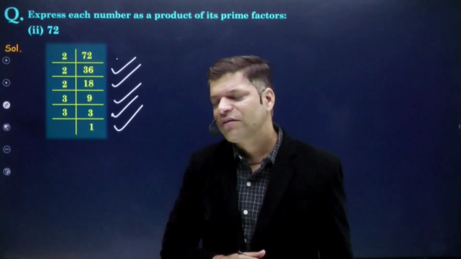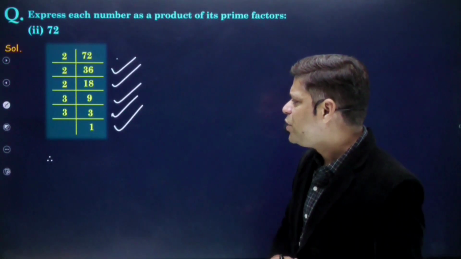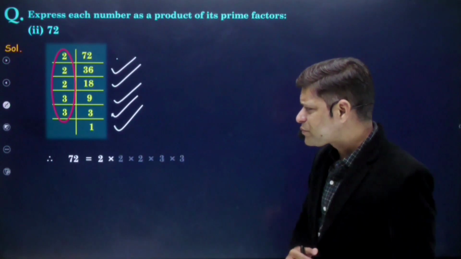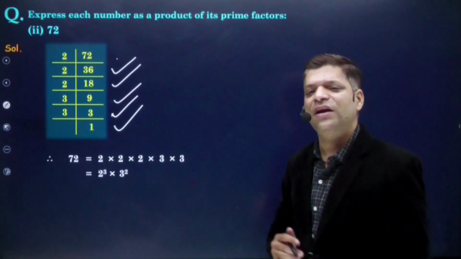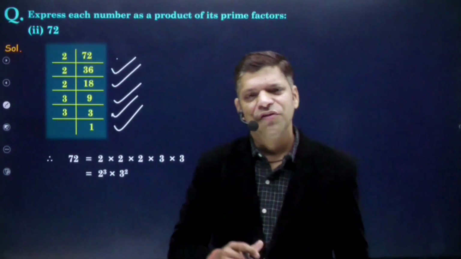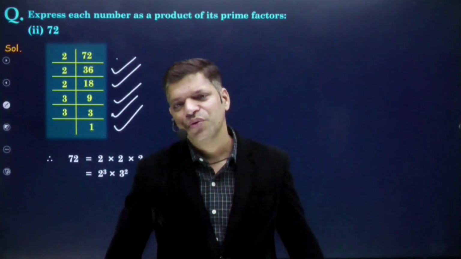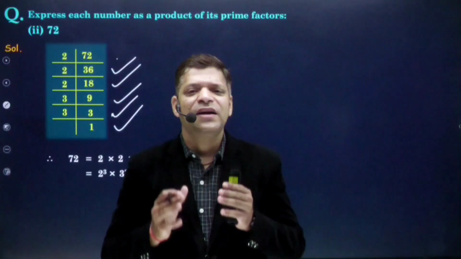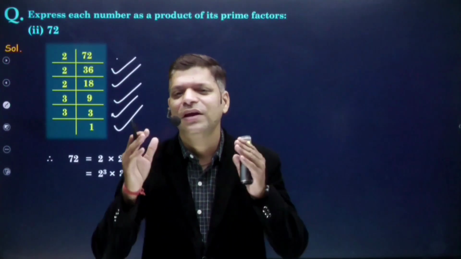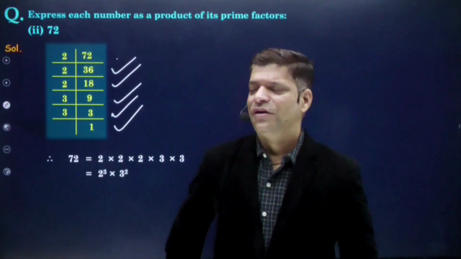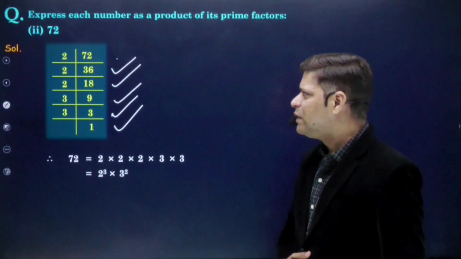So the prime factorization of 72 will be equal to 2 cube into 3 square. Okay, so this is the prime factorization of 72. So here in exercise 1.2 we first understand how we find the prime factorization of the given numbers, right? So this is the first point we learn here.